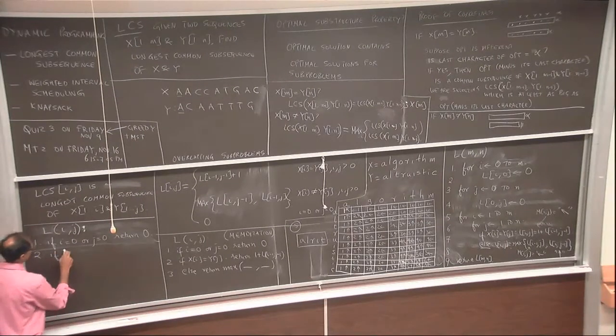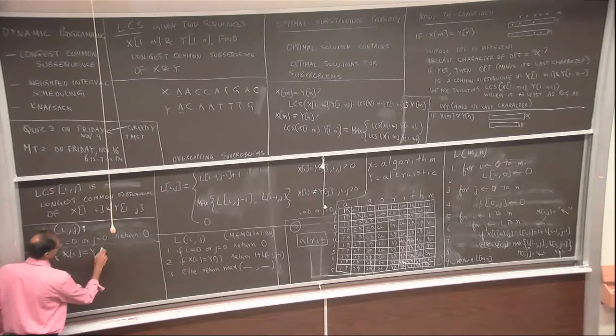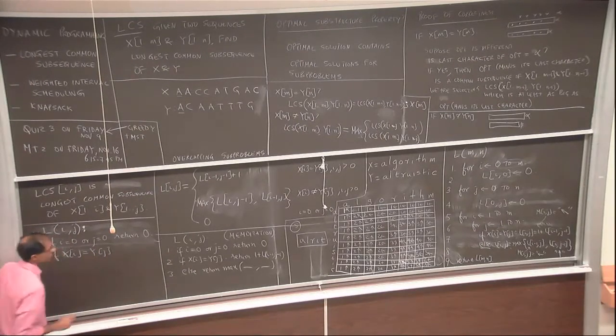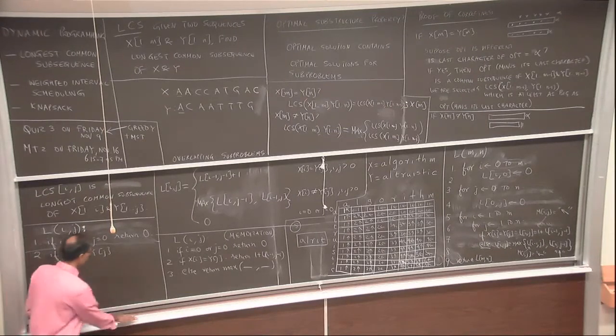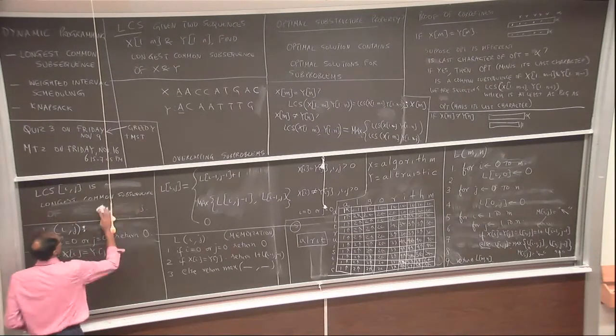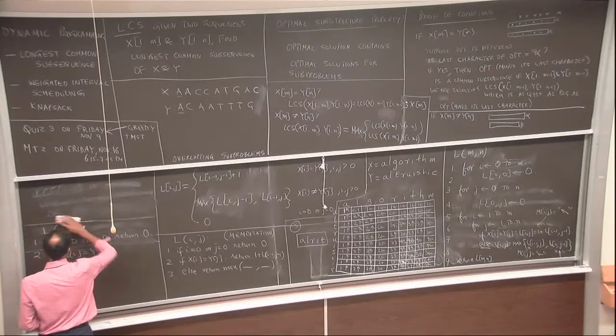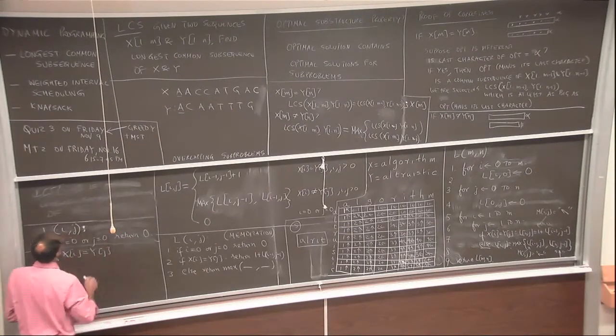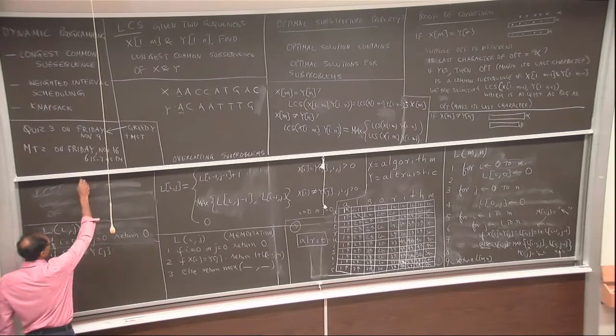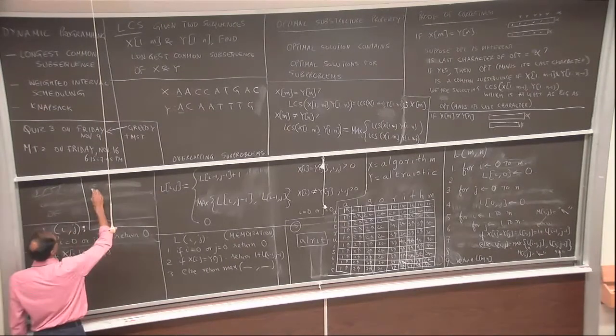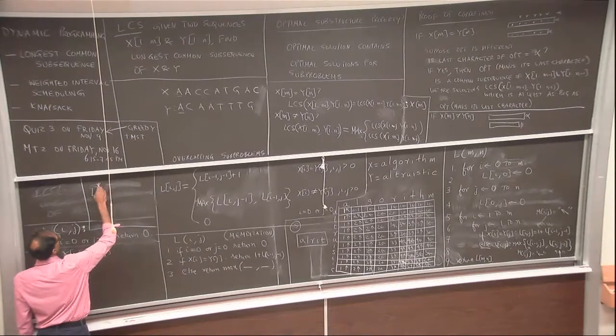If x_i equals y_j, okay, you are maintaining a global array, let me call that, just so that there is no confusion, L star.